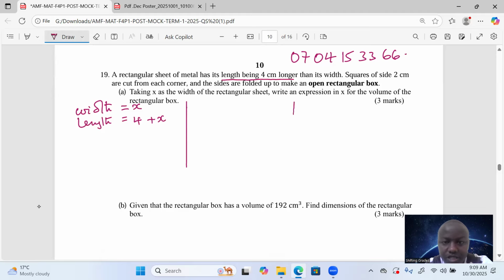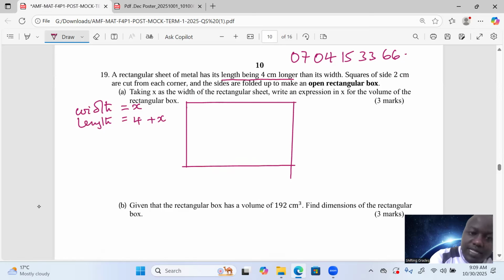This is the metal sheet that we're having. This one is x plus 4, and here it's x, which is the width. But now we are cutting 2 centimeters by 2 centimeters from each corner.